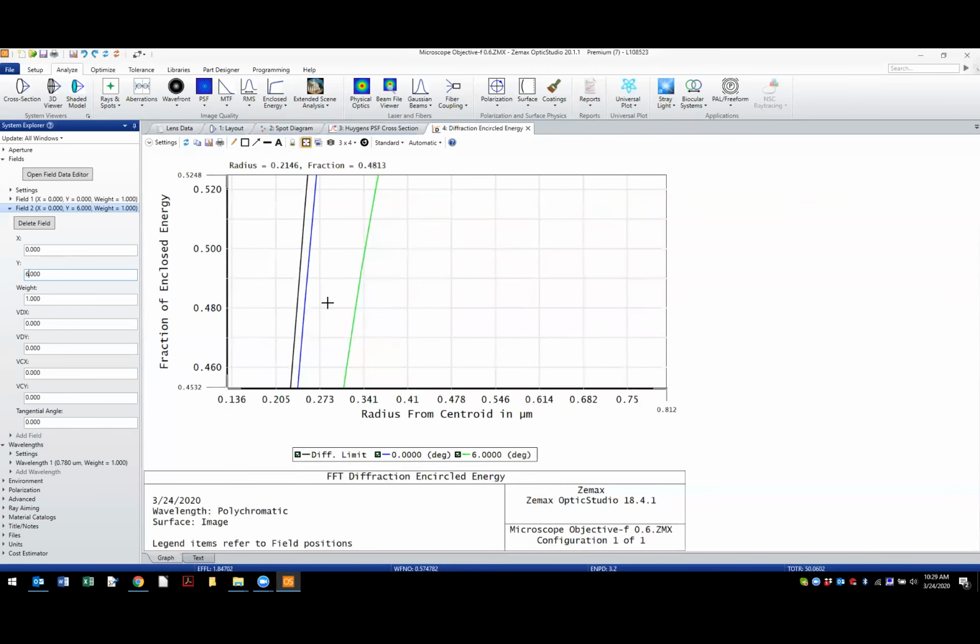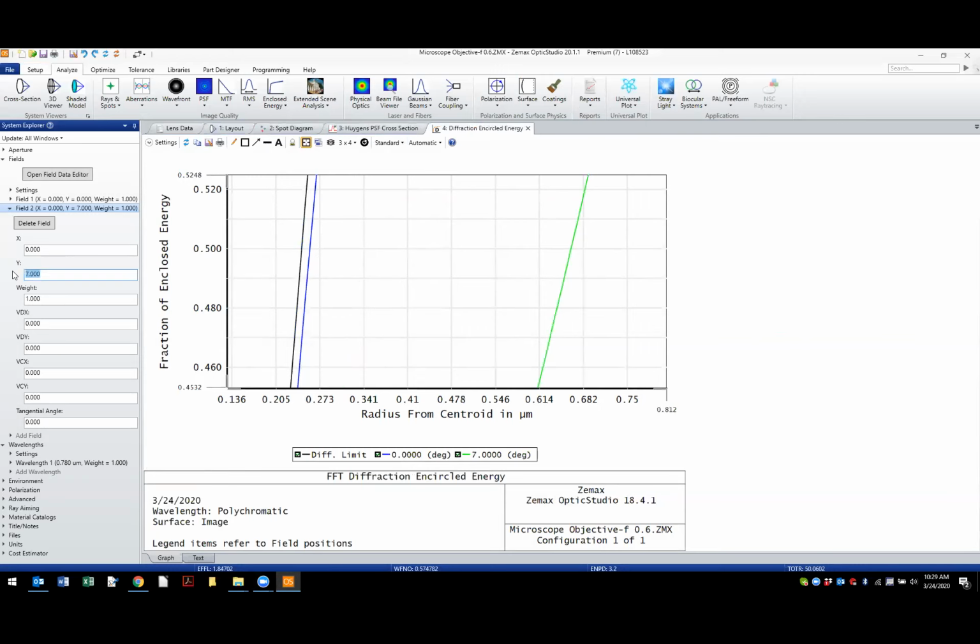And like here, if we go to 0 degrees, or on axis, you get 50% of the energy at a radius of 0.258 microns. 6 degrees off axis, the spot size is now 0.34. 7 degrees off axis, okay, now we're in the aberration limited regime. So somewhere between 6 and 7 degrees off axis, the spot size doubles.